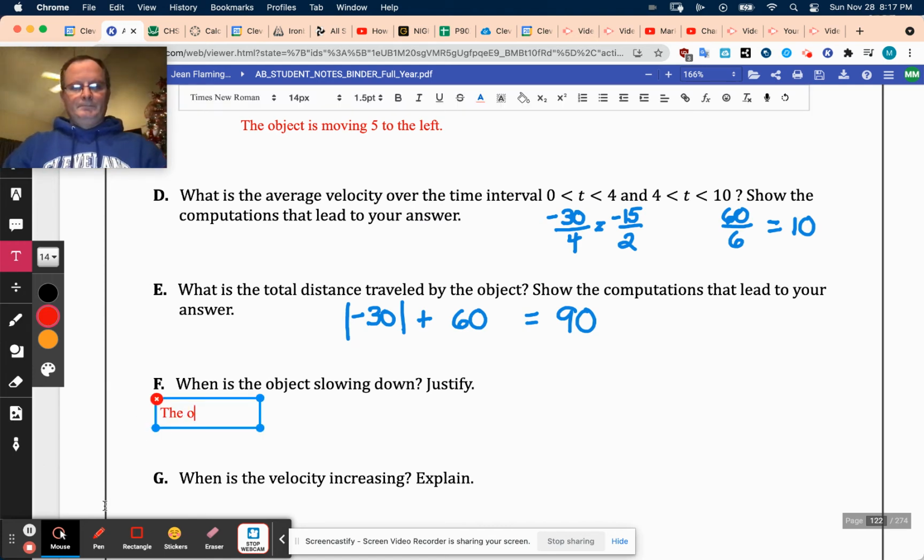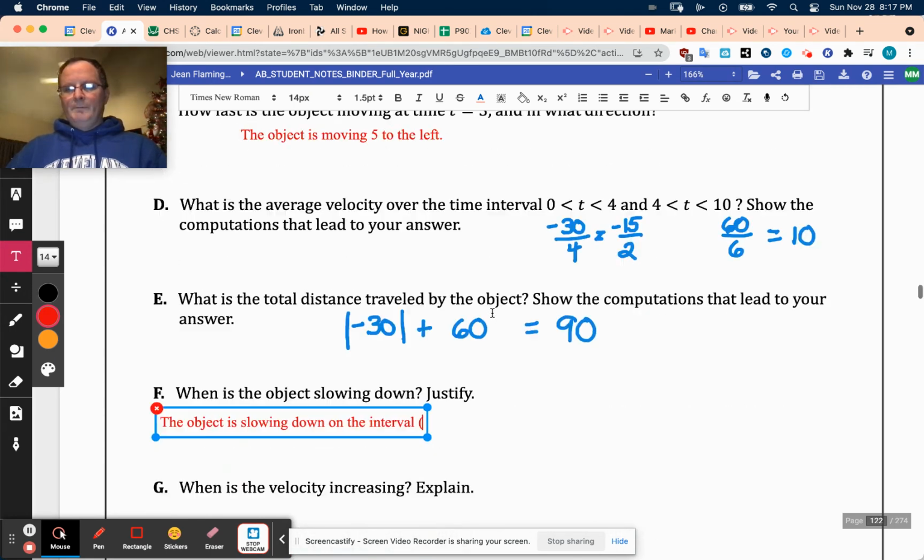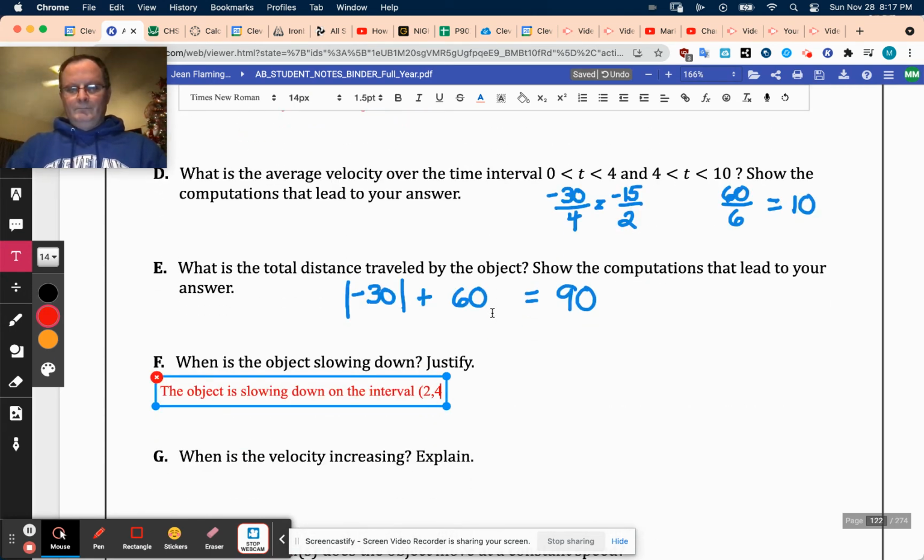The object is slowing down on the interval 2 to 4, because velocity is negative and acceleration is positive.